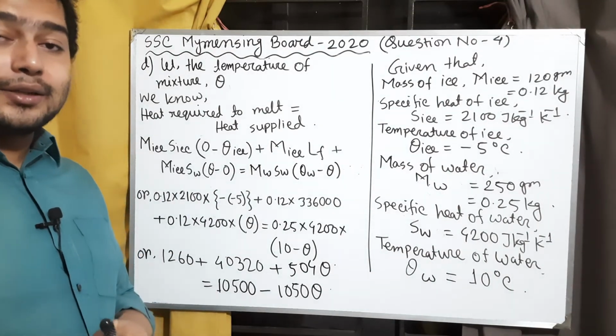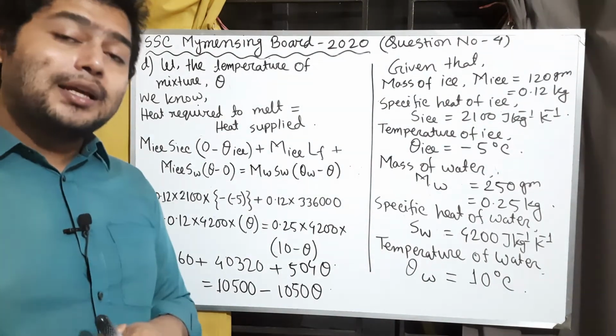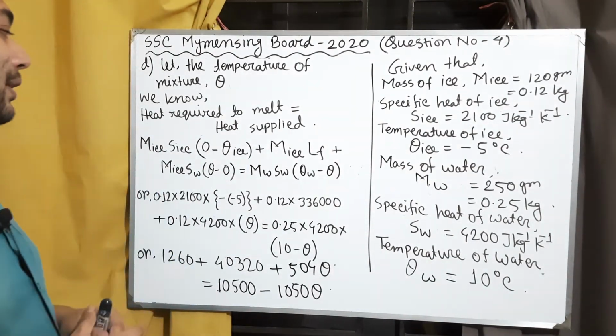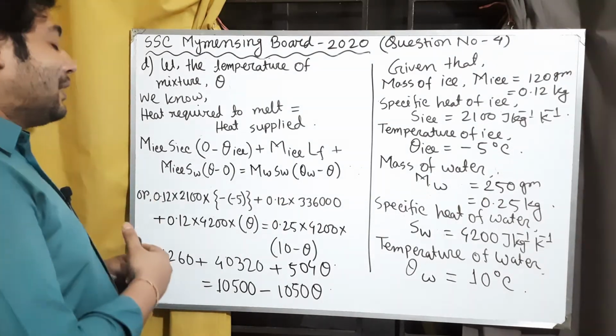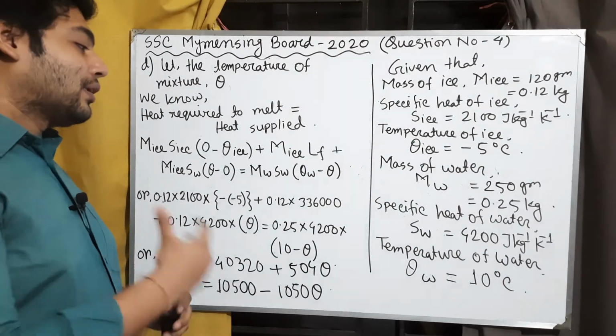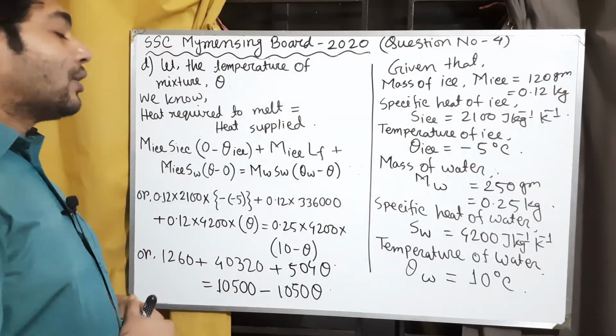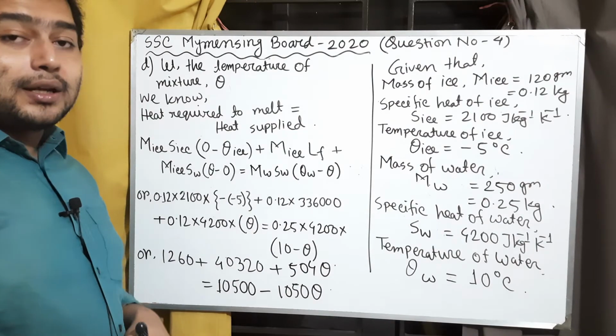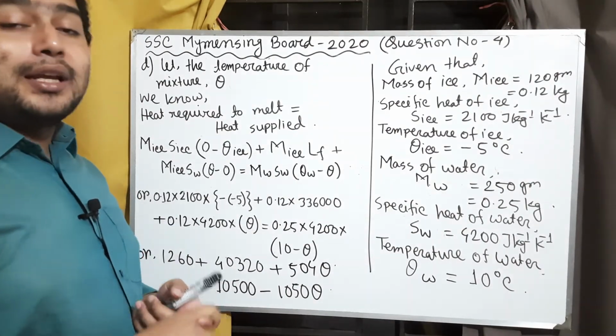According to the theory of calorimetry, we know that heat required to melt equals heat supplied. Heat is gained by ice, but heat is released by, or supplied by, water, and the step is only one.